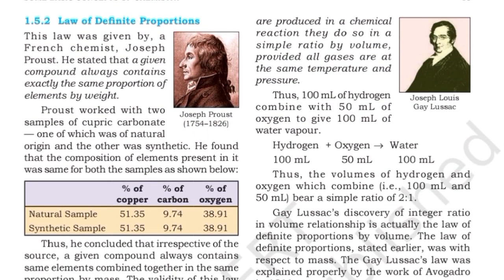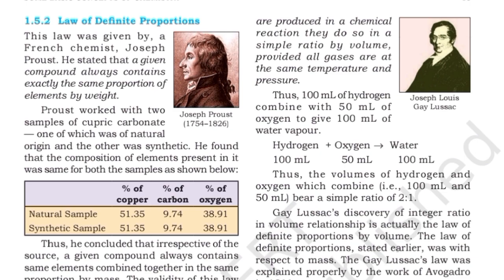Law of definite proportions. This law was given by a French chemist, Joseph Proust. He stated that a given compound always contains exactly the same proportion of elements by weight. Proust worked with 2 samples of cupric carbonate, one of which was of natural origin and the other synthetic.